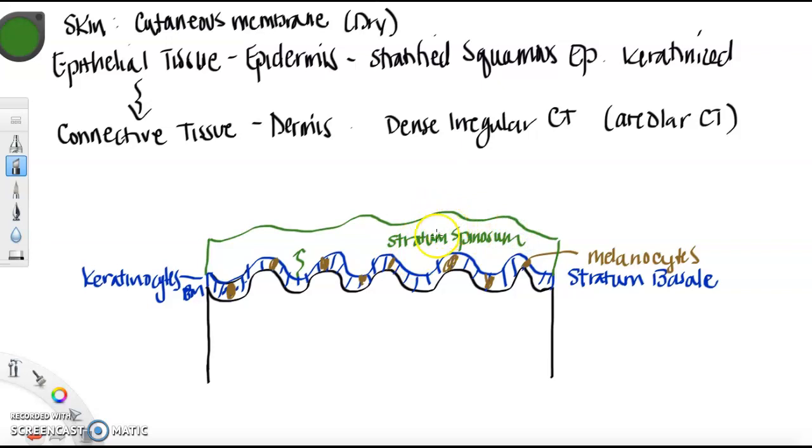In the stratum spinosum, these cells are growing and starting to mature, and they start to fill with keratin.